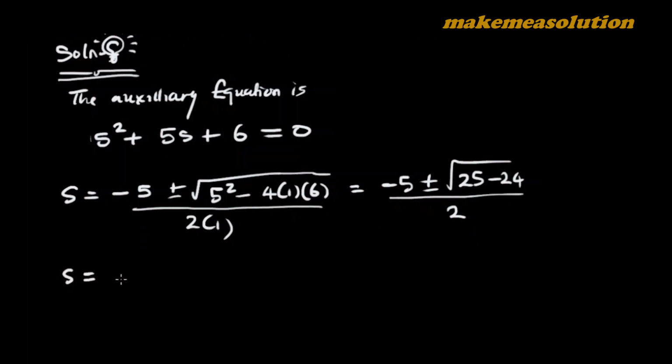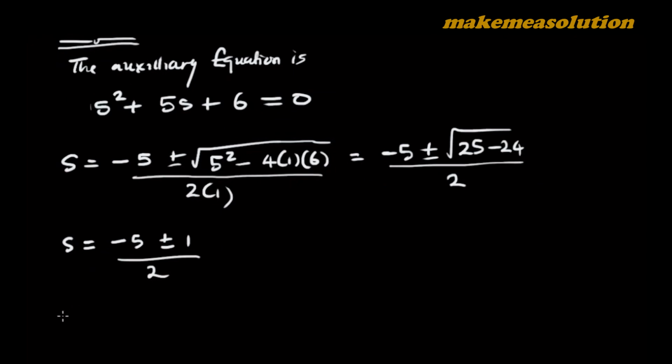So we'll have s equal to minus 5 plus or minus 1 over 2. So this gives me s equal to minus 5 plus 1 over 2, or minus 5 minus 1 over 2.